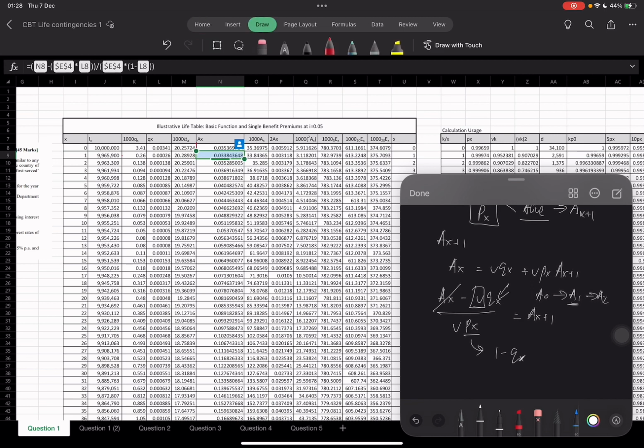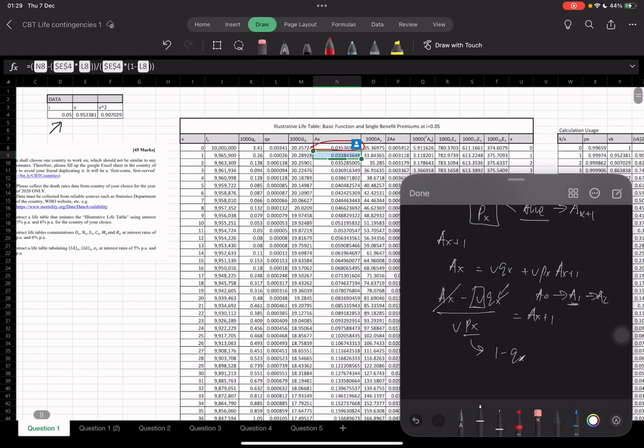Minus Vqx. V, we lock the cell here with the dollar sign.